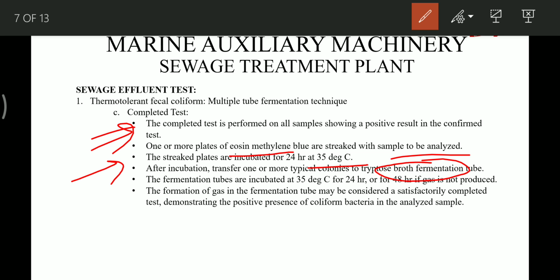Then the fermentation tube is incubated again at 35 degrees Celsius for 24 hours, or for 48 hours if gas is not produced in 24 hours. The formation of gas in the fermentation tube may be considered a satisfactorily completed test, demonstrating positive presence of coliform bacteria in the analyzed sample.